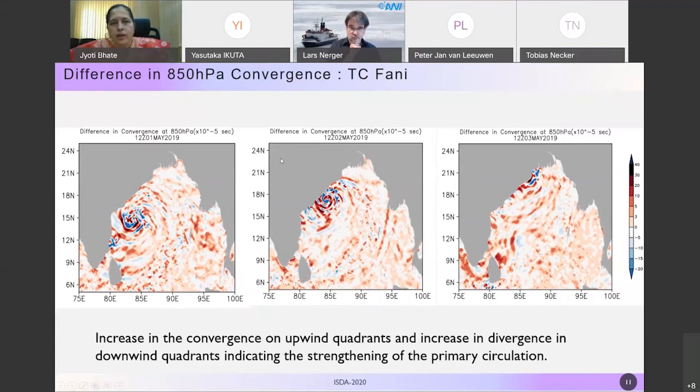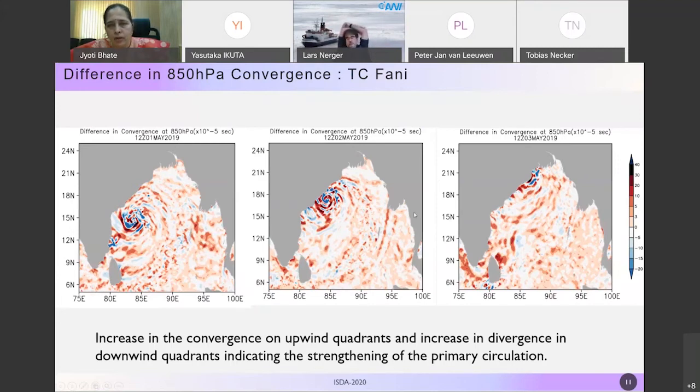This is the difference in 850 hPa convergence with and without scatterometer reanalysis data. We can see that there is an increase in convergence on upwind quadrants and an increase in divergence in the downwind quadrants, which shows a strengthening of primary circulation.